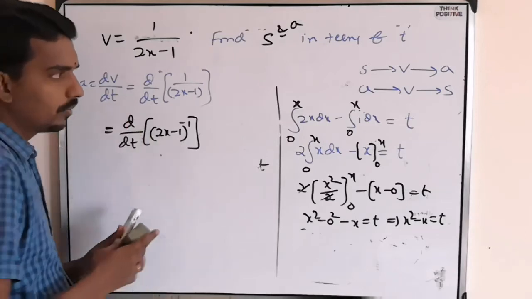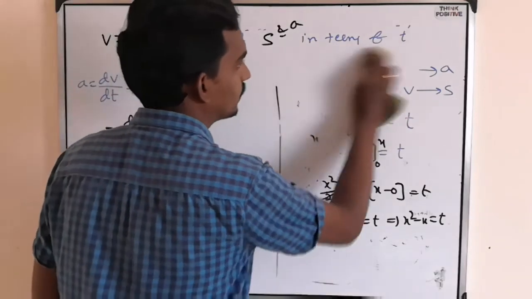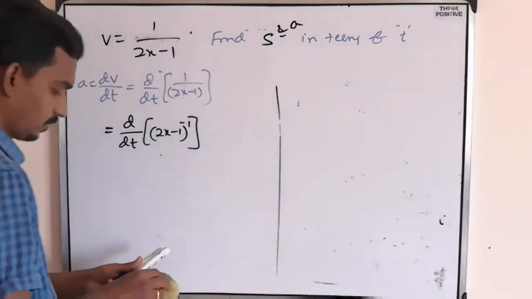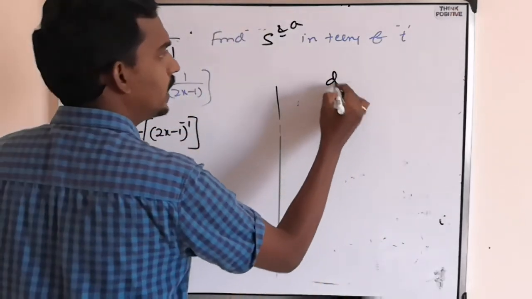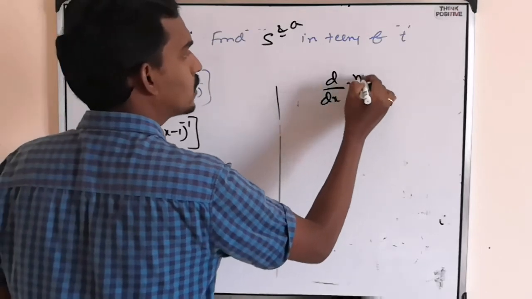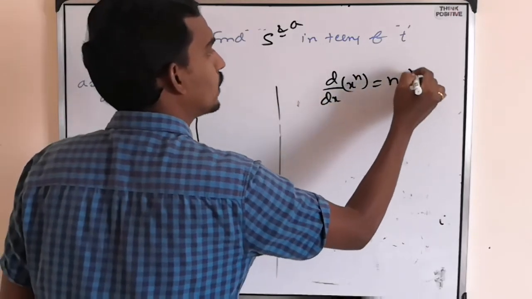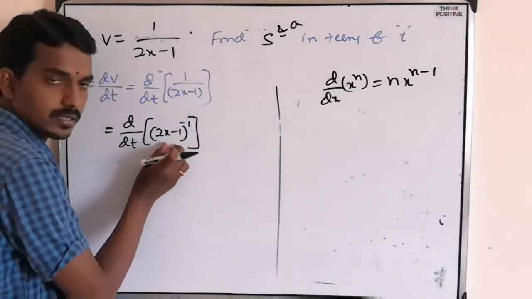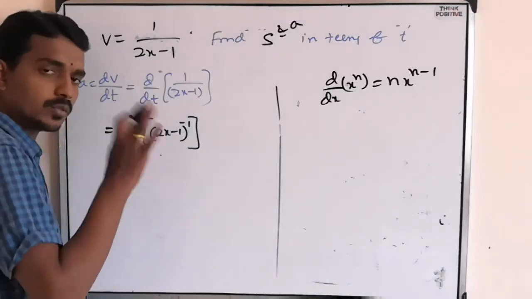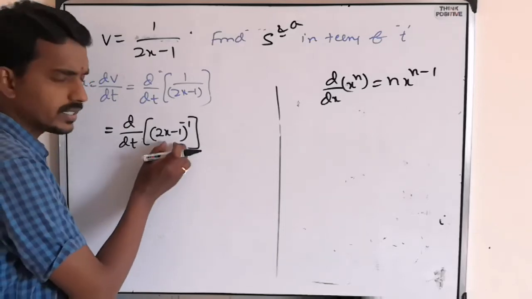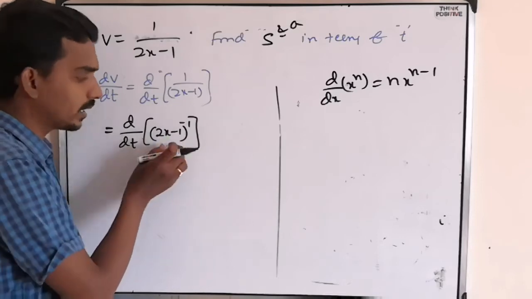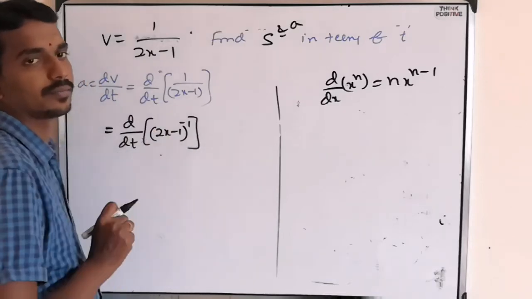So here if you observe, d by dx of x power n equal to n into x power n minus 1. But here it is not x, it is 2x minus 1. It is not just simply x, it is 2x minus 1 or anything else.